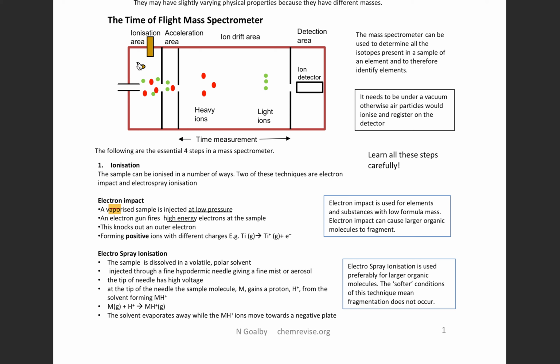This knocks out an outer electron out of your sample, and your electron is taken away, therefore forming positive ions with different charges. For example, titanium, which was a vaporized gas, becomes Ti plus your electron.